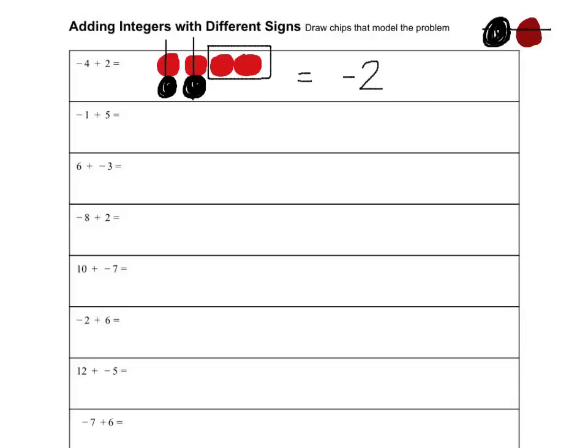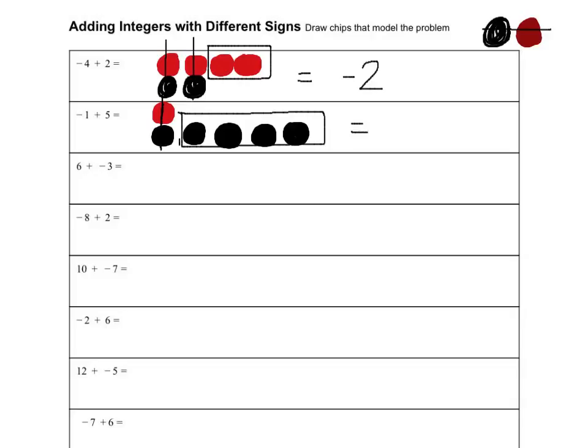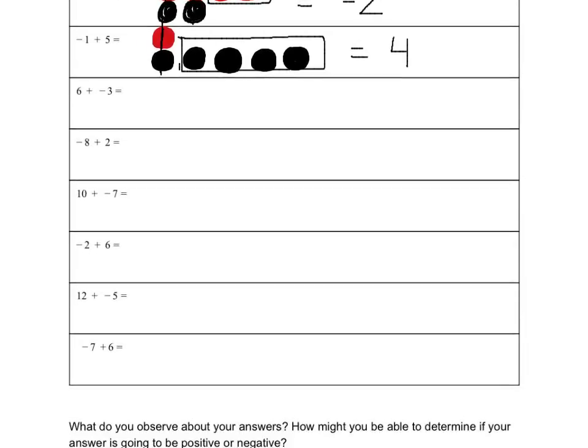Alright, go ahead and add in your colored chips for negative 1 plus 5. Alright, so I've got my chips. I can see that I have one set that's going to cancel out. That leaves me with 4 black that are left over, giving me a positive 4. Let's go ahead and look at 6 plus negative 3 and add those chips on our board.